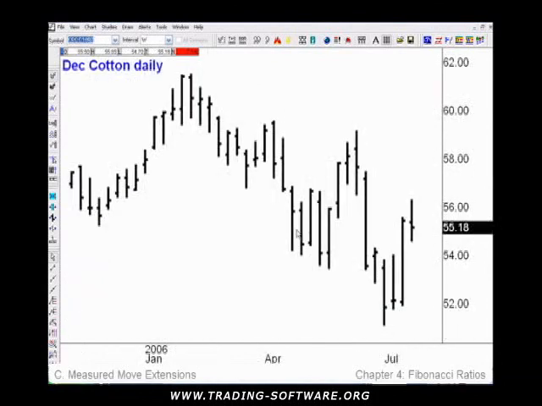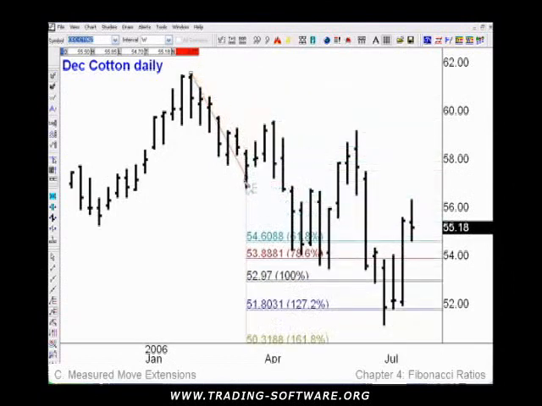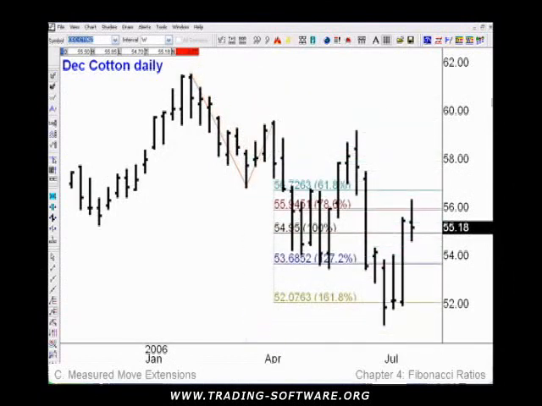Here is December cotton. Let's take a look at this measured move right here and see where this point came in at. All right, we'll go from here down to here, up to here. Notice how the 127% extension gave us that low. It was pretty darn close.